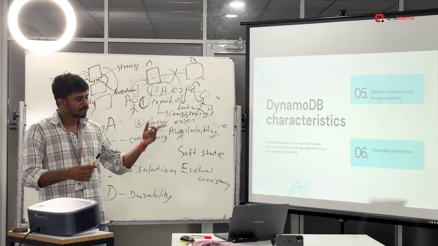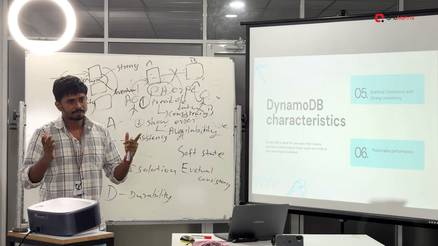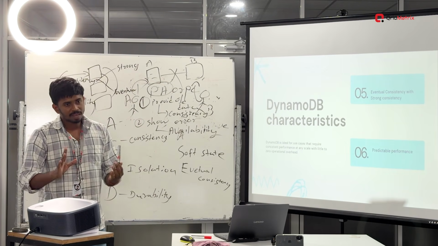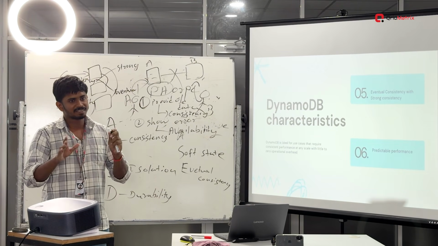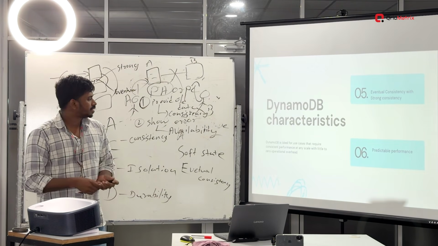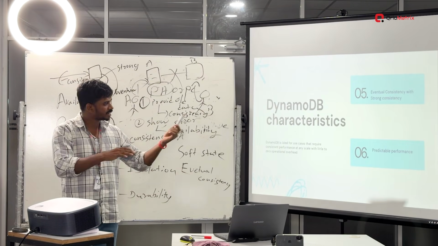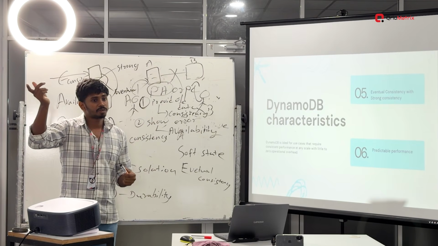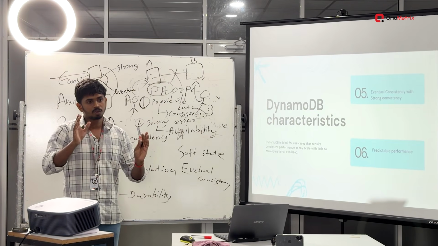That means even when it is scaling up, or with different types, that doesn't matter. Most of the time it gives predictable performance. So it is easier for us to handle, right? Because it's not like when you query data from the DB the first time it gives 2 seconds, and after that it gives you 2 minutes. So it does not have that much variance.